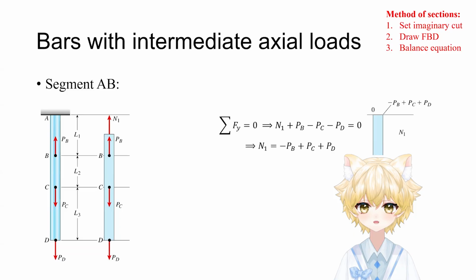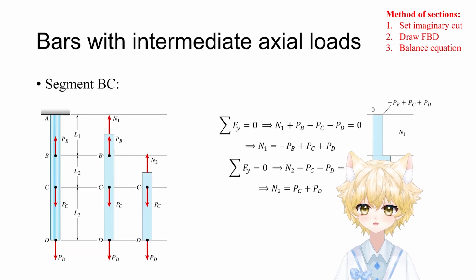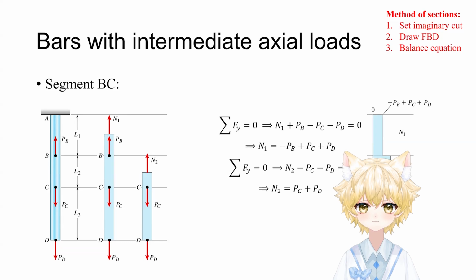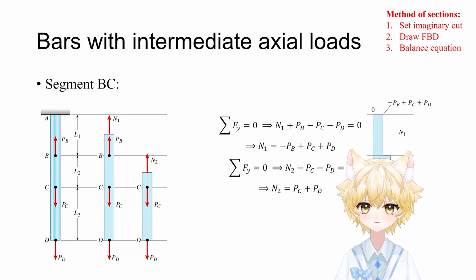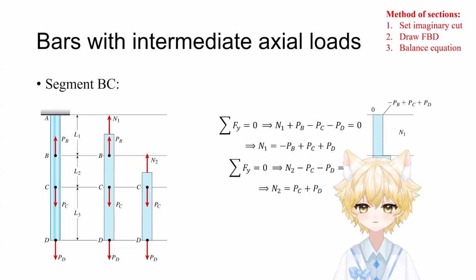We do exactly the same thing for the other segments. We move down to the segment BC. We move our cut to a point between B and C. Again, we look at the bottom part. Notice what changed? Since you make a cut between B and C and focus on the lower part, the force PB is not above our cut, so it disappears from our diagram.